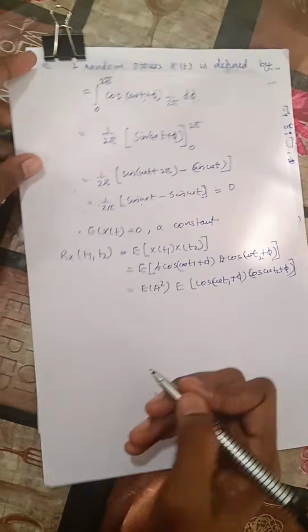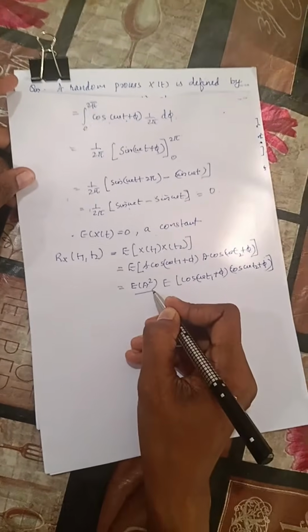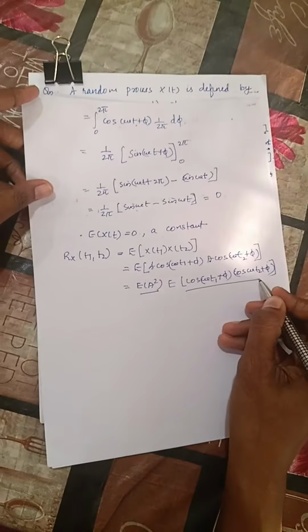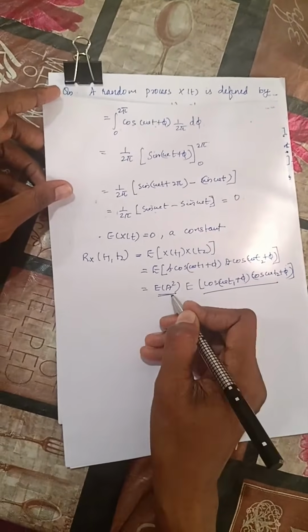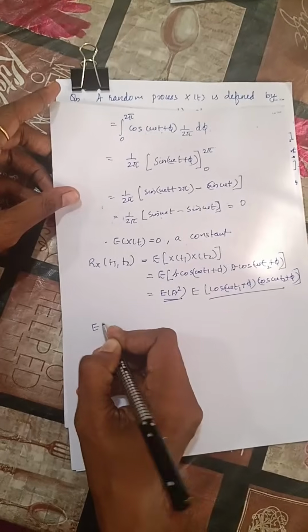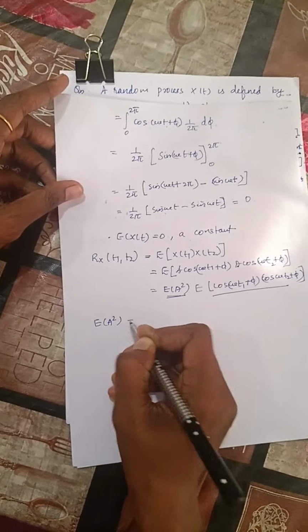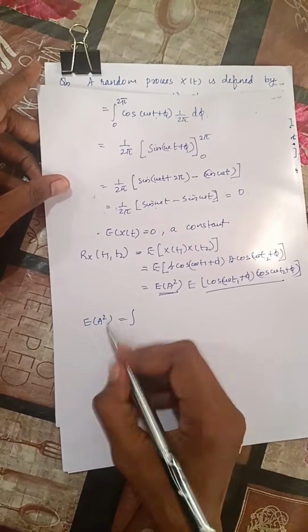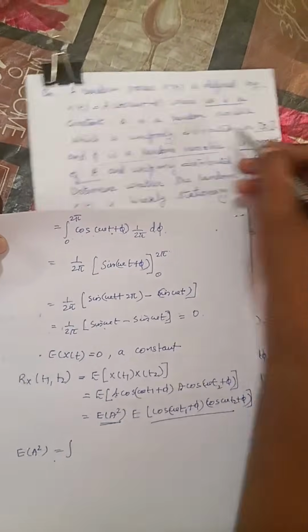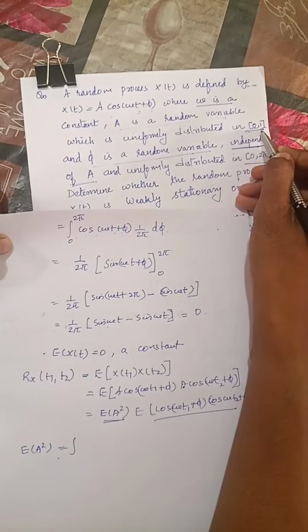Now we have to find the expectation of a square and this other term. Let us find the expectation of a square first. Expectation of a square is an integral. What is the distribution of a? A is uniformly distributed in the interval 0 to 1.